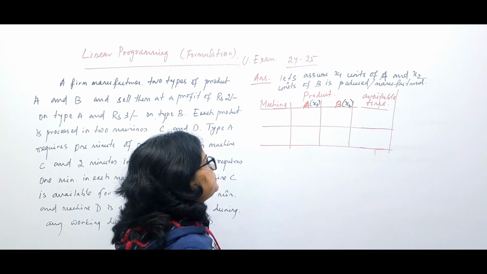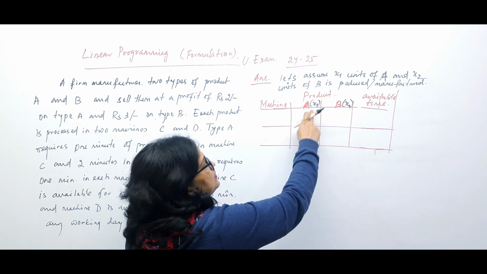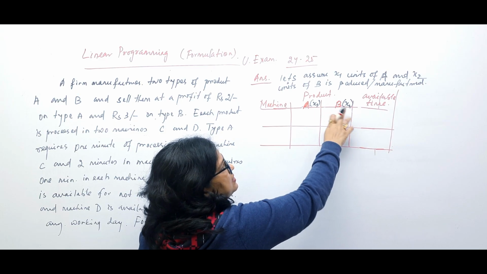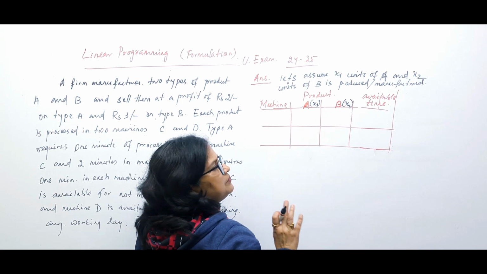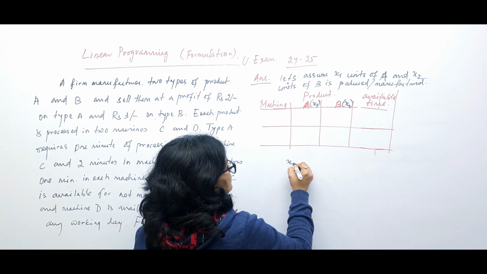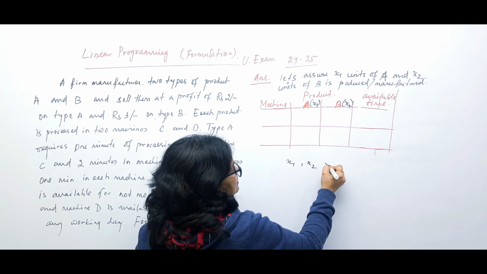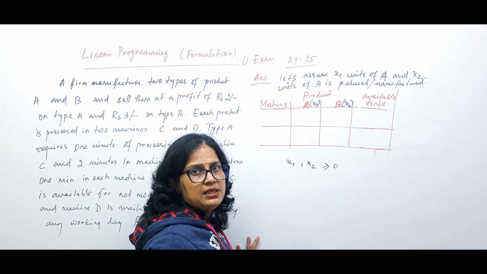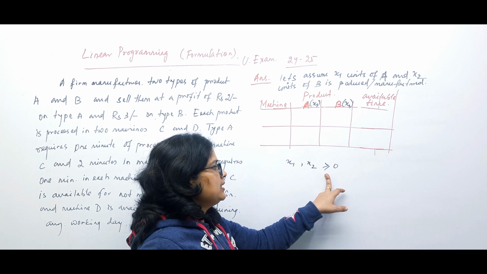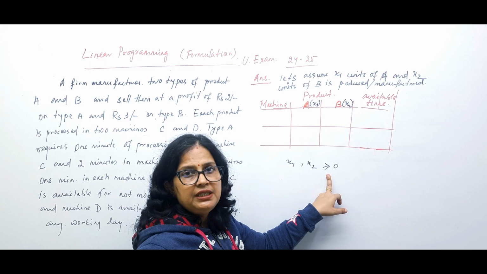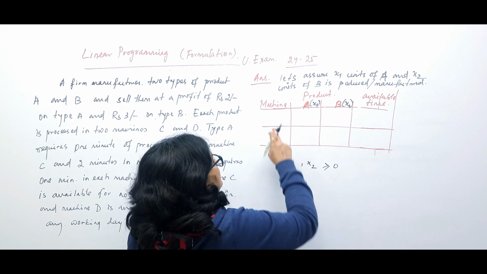So x1 and x2 are our decision variables. And what are the non-negativity constraints? x1, x2 are always greater than or equal to 0, because we are producing x1 units and x2 units, which cannot be negative. These are called non-negativity constraints.